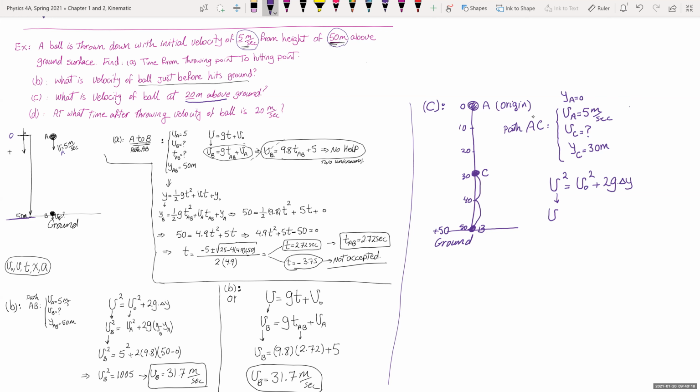For what path? For the path of AC. A is initial, C is final. V naught is VA. 2 is 2, g is g. This delta y is delta y in the path of AC. Okay?